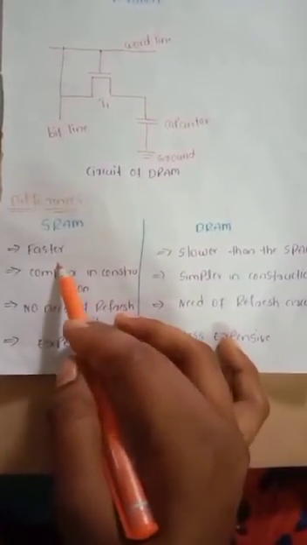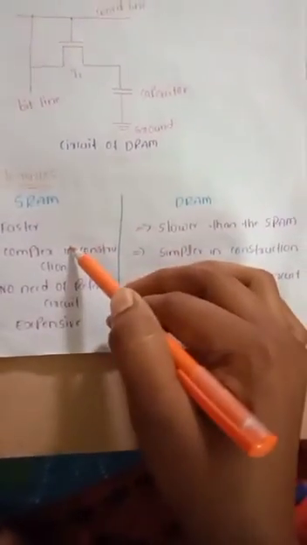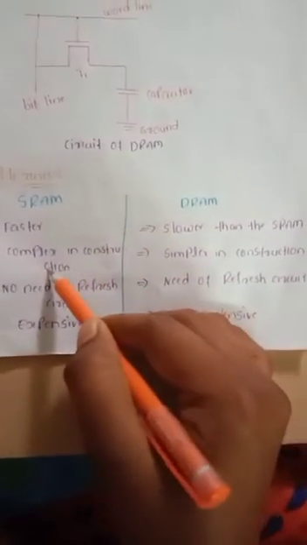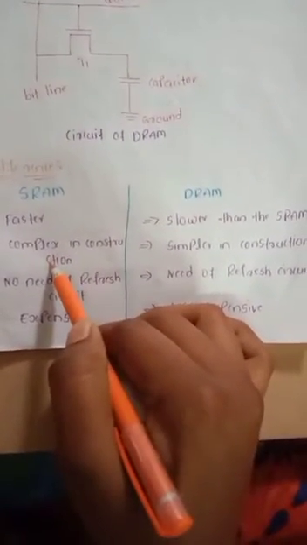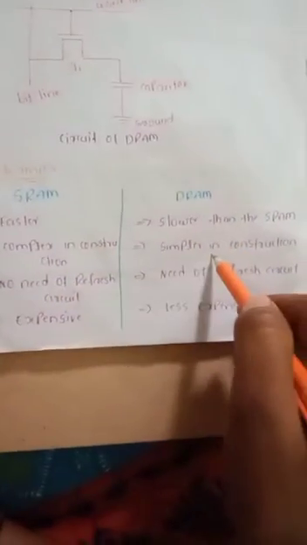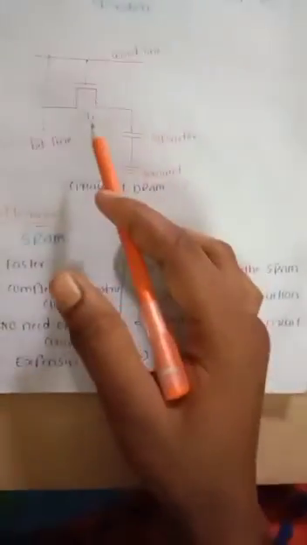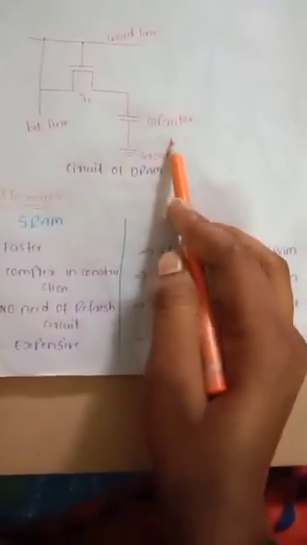Now let us see some differences between static RAM and dynamic RAM. The static RAM is faster, i.e. its operation is faster. Dynamic RAM is slower than SRAM. The construction of static RAM is complex because it needs six transistors. The construction of dynamic RAM is simpler because it only needs one transistor and one capacitor.